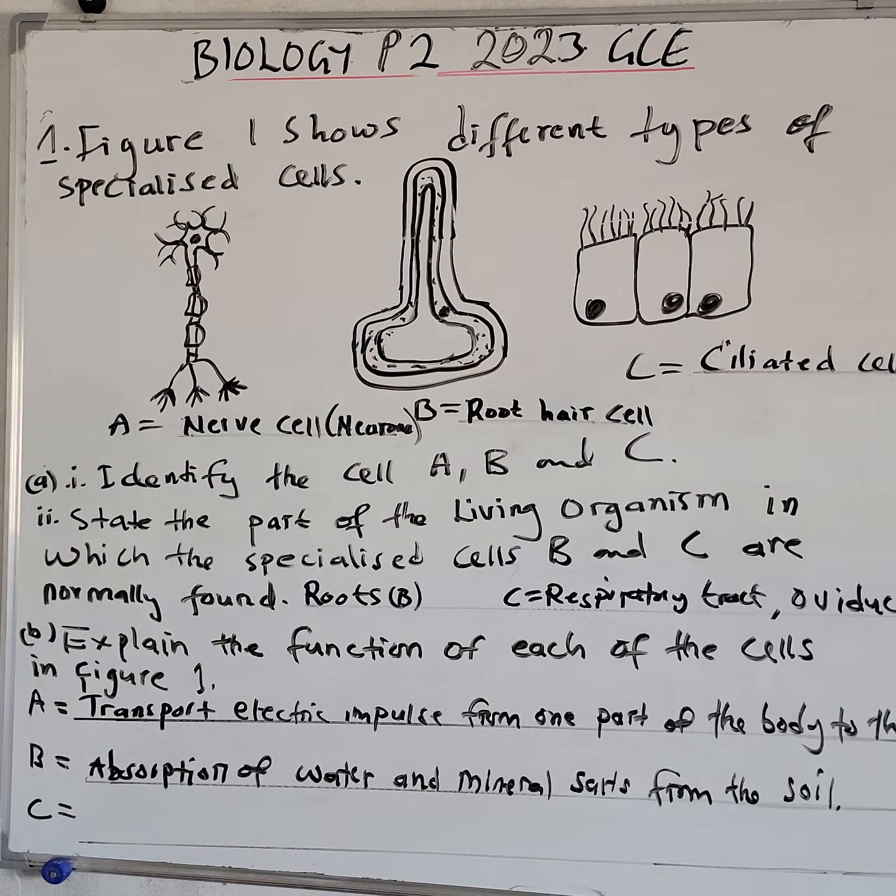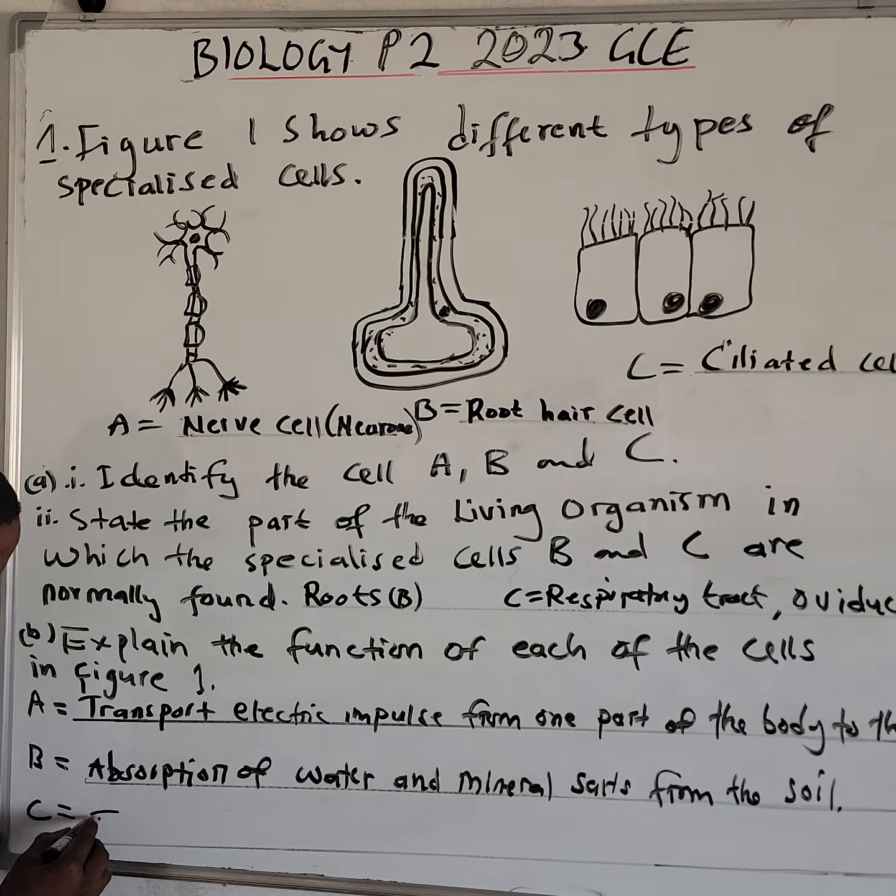Cell C is a ciliated cell, a ciliated epithelial cell. What does it do? We're going to say this one traps.